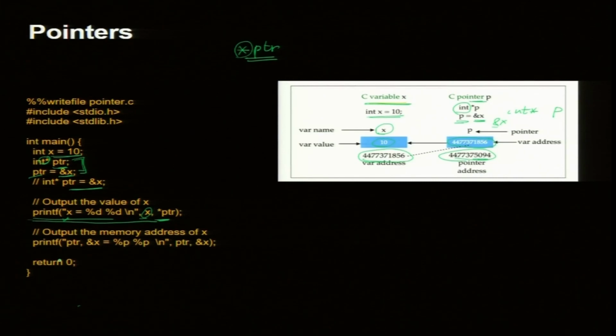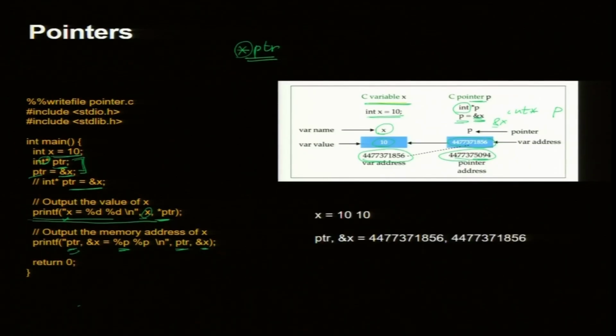If I want to get the pointer, what should I do? I can just print ptr, do not put a star there. ptr is an address, or ampersand x will also give the address. So I can get the address in two ways, either by ptr or by ampersand x.